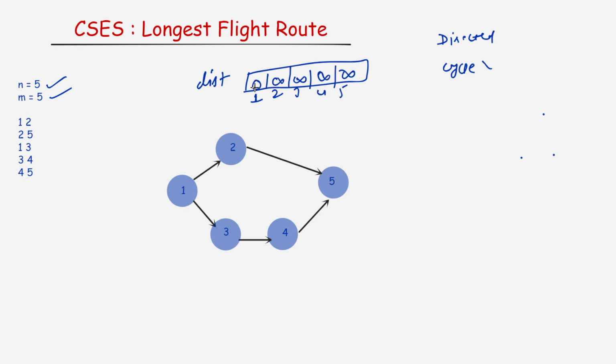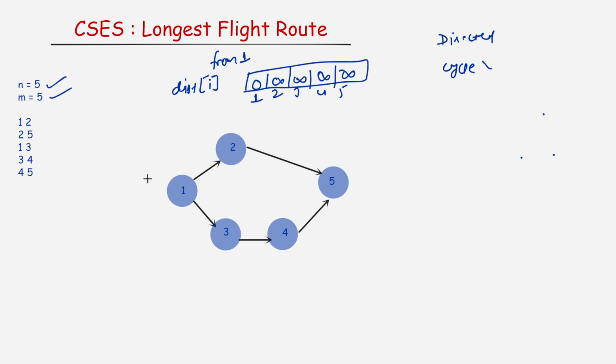This is the distance of I from node 1. So from node 1 to node 1 distance is 0. From node 1 to node 2 distance is something. From node 1 to node 5, likewise, we have to find the maximum distance. Now see, this node does not depend on any other node. Basically the in degree for this node is 0.